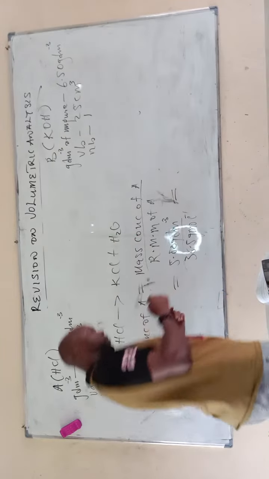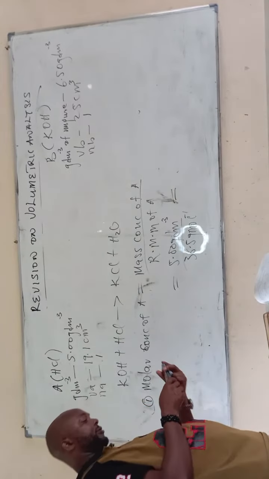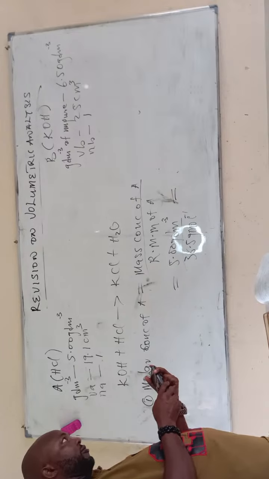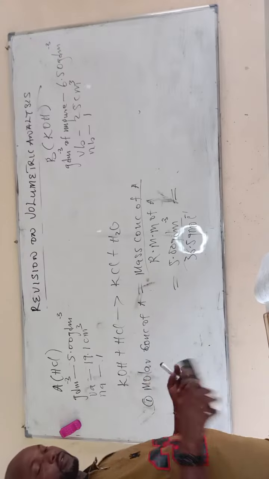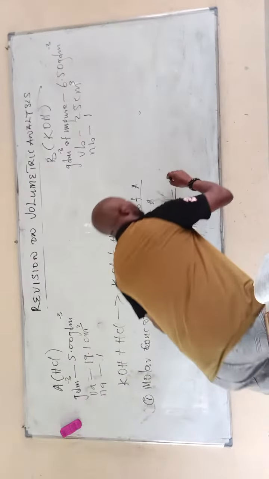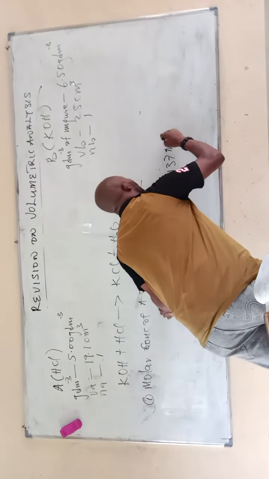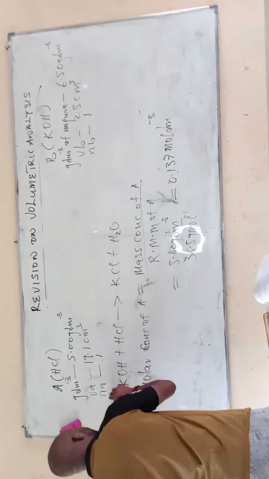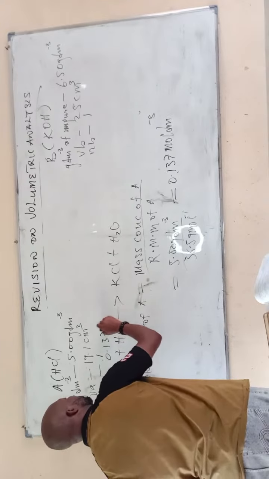This equals 5 divided by 36.5, which is 0.137 mole per dm³. So my CA is 0.137 mole per dm³.